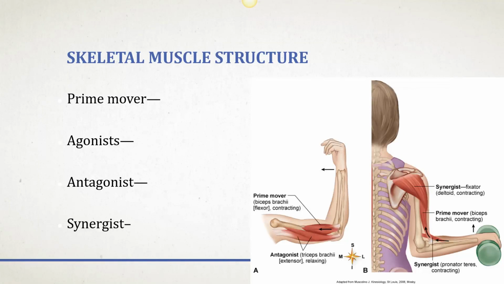Many of our muscles are grouped together, and they're going to work with or against each other in order to provide all of the movements that our body requires. The prime mover is the major muscle within a group. Agonists are muscles that are in the same group as a prime mover, and they're all going to perform a similar function. So if we think about the quadriceps, quad is for 4.